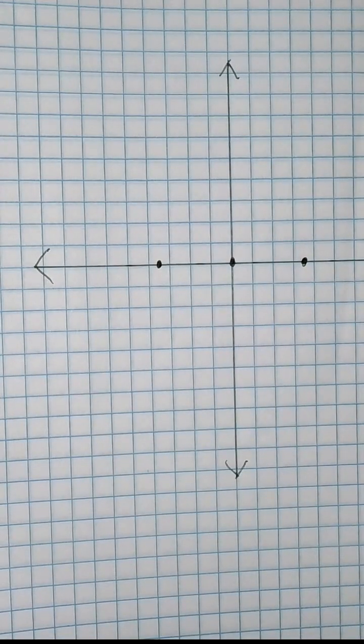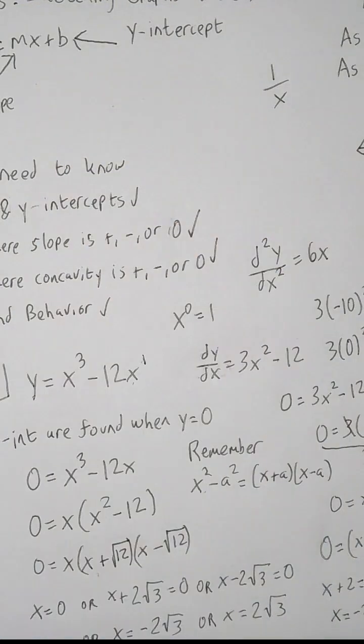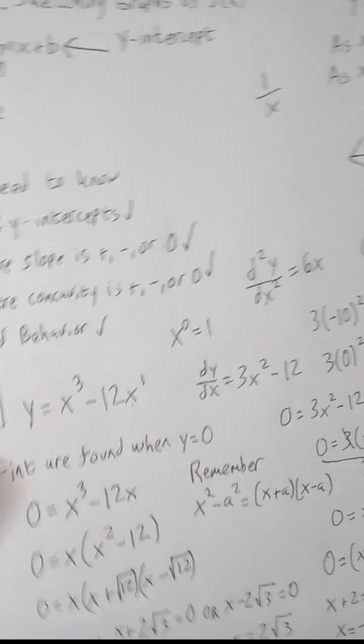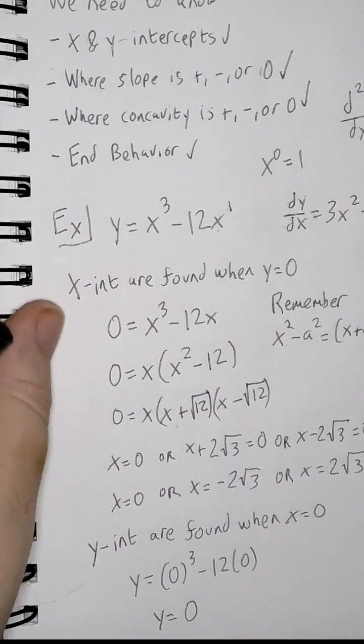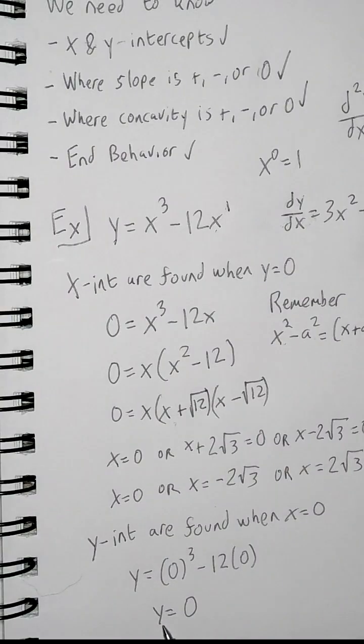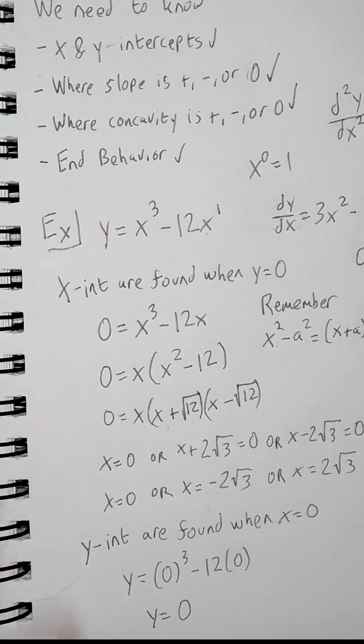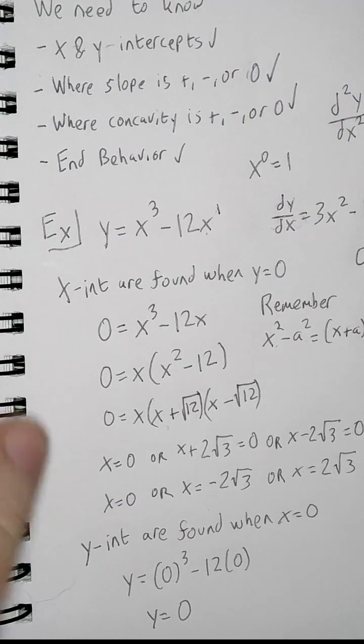That is really cool. So now we've marked where my x-intercepts are, and luckily our y-intercept is also at the origin, so I can take care of that. So now I need to know where my slope is positive or negative.